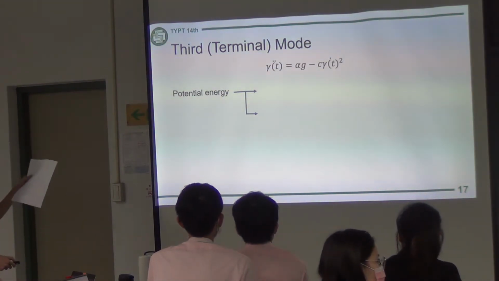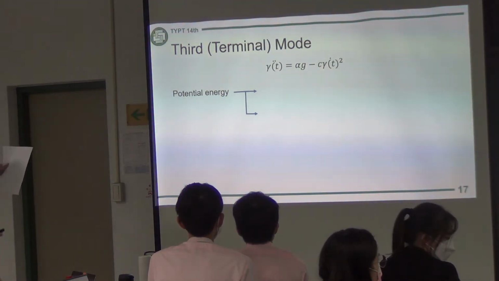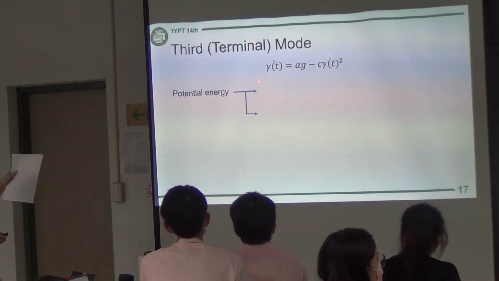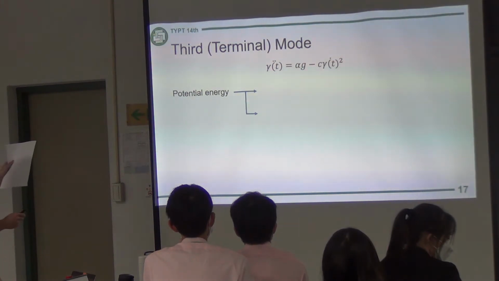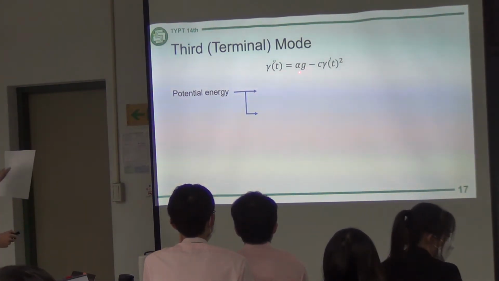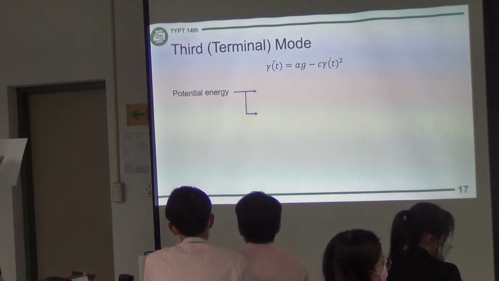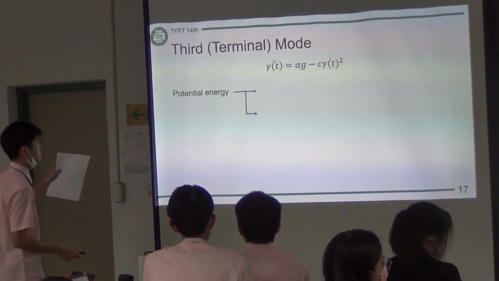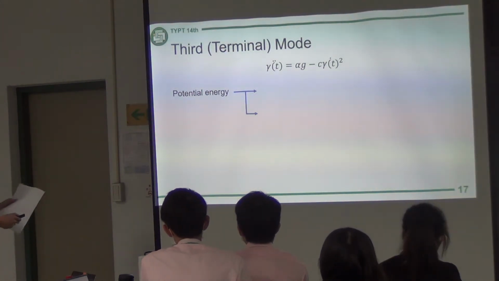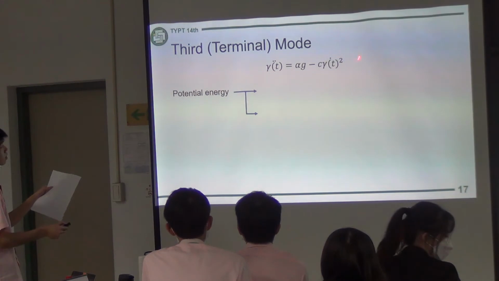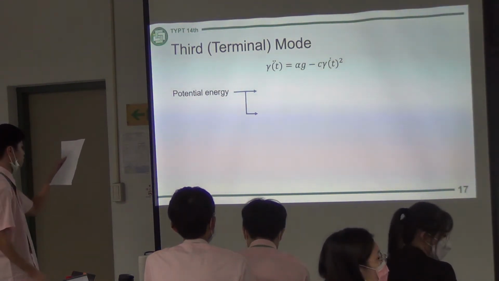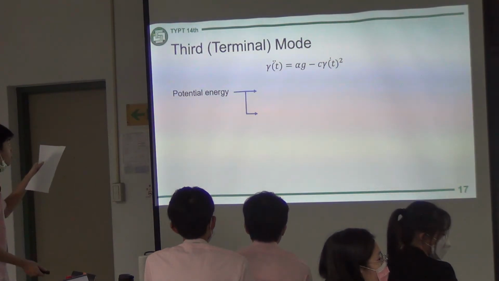So we can get the final equation of the terminal mode, which is analogous to a threefold equation, and we use Newton's second law in the z direction to get this equation. Here alpha g stands for the z component of the gravitational force, and alpha is the reducing constant, and also this value is the z component of the force caused by the rotation and also the friction.